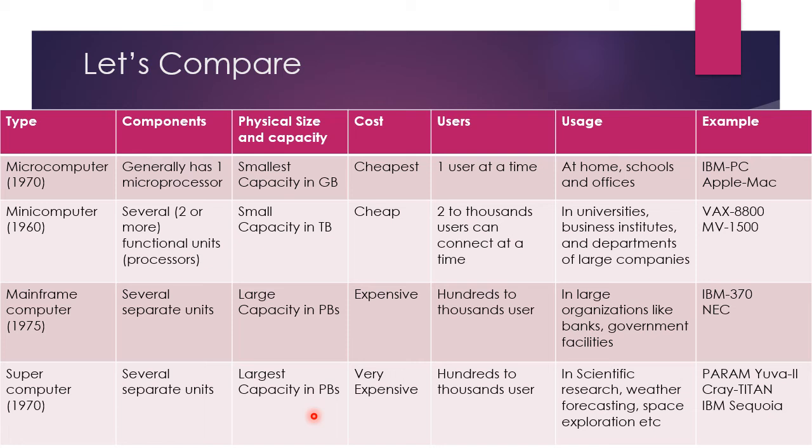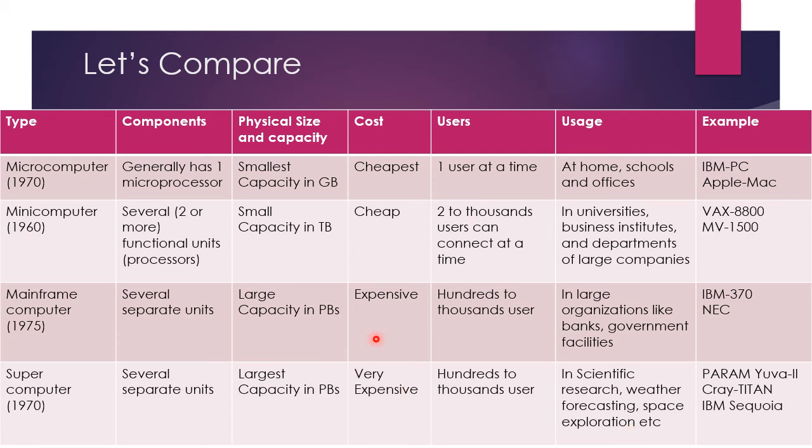When you compare mainframe computer and supercomputer, supercomputer seems largest in size. Its capacity is also in PBs. It is very expensive, and at a time, hundreds to thousands of users can connect to a supercomputer. It is mainly used in scientific research, weather forecasting, space exploration, etc. Param Yuva 2, Cray Titan, IBM Sequoia, these are some examples of supercomputers.